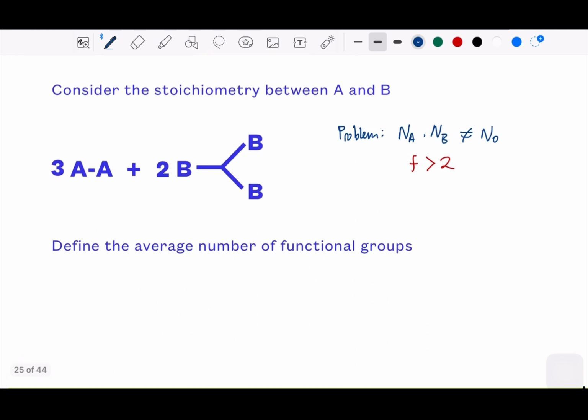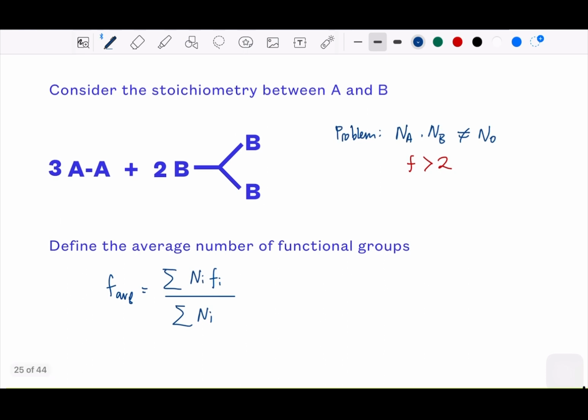So the average number, f average, is by taking the sum of the number of molecules times the number of functional groups, and then dividing by the number of molecules. For example, the average number for the one mentioned here, f_AB average. The molecules 3 and 2 is 5, right?